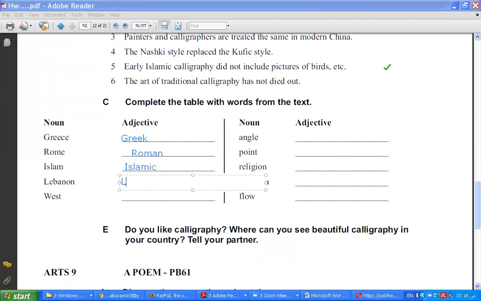Lebanese, great. West, Western. Angle, angular.